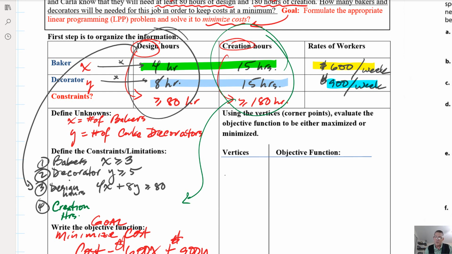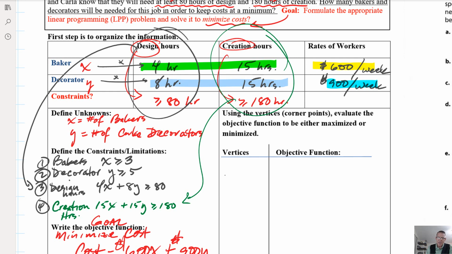So in general, you take your time, multiply it by the number of bakers, which is 15 times x. And then for the decorator, they require the same amount of creation time. So 15 hours times the number of decorators. So we're going to take 15 times x plus 15 times y, and that's got to be greater than or equal to 180. And that, my friends, is called the creation constraint.